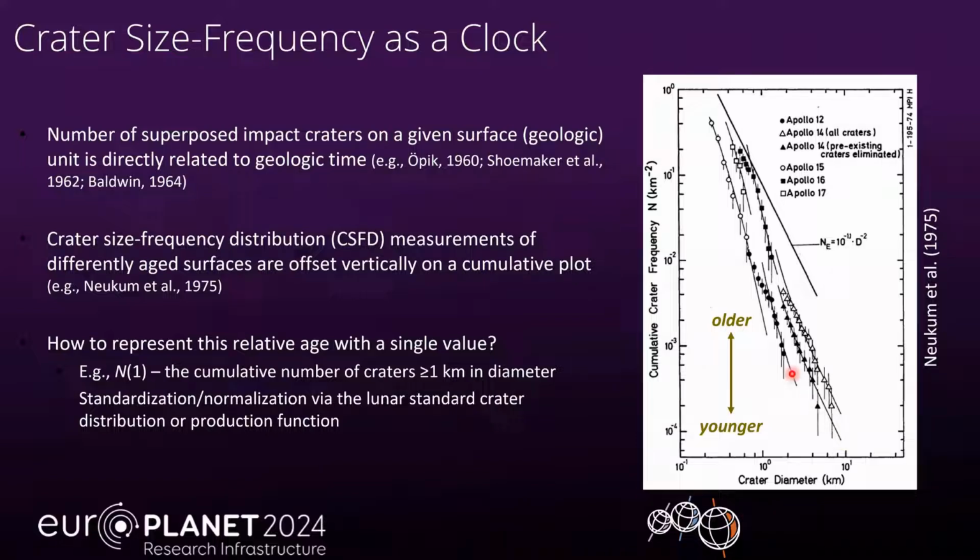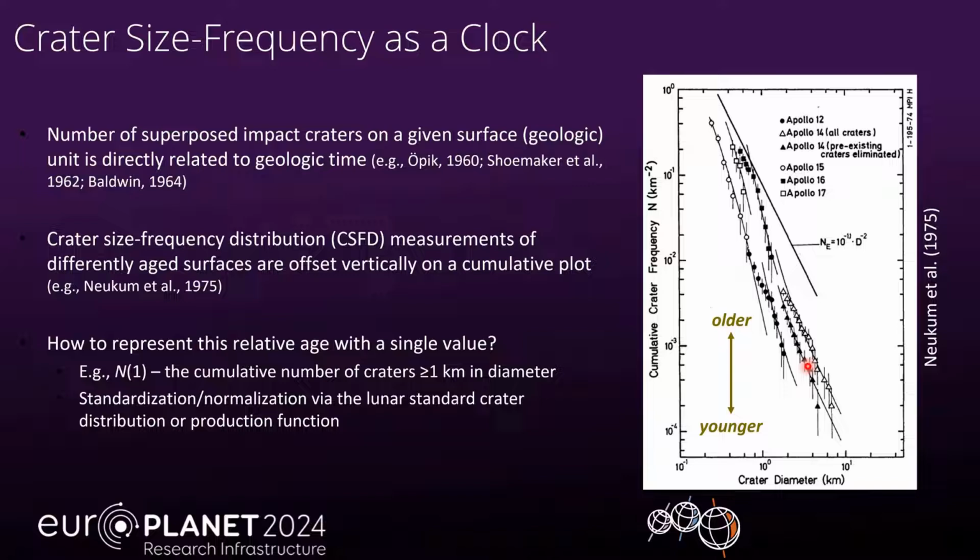So basically the number of craters in each successive bin, accumulating to the smaller diameters. You can represent it other ways too, but we'll just use the cumulative crater frequency here. Then you get a plot that looks like this, okay?